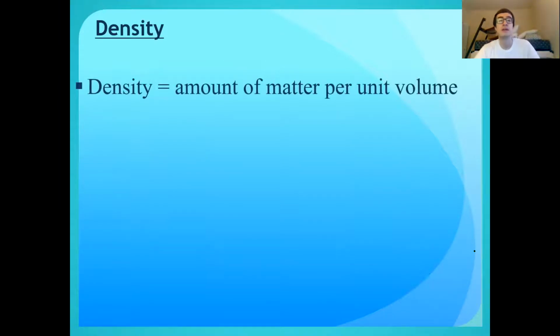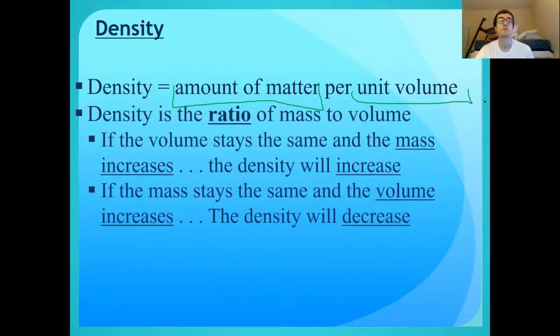So density, we can think of it as the amount of a substance, the amount of matter per some unit of volume. So per some area that it takes up. So it's what we call a ratio.